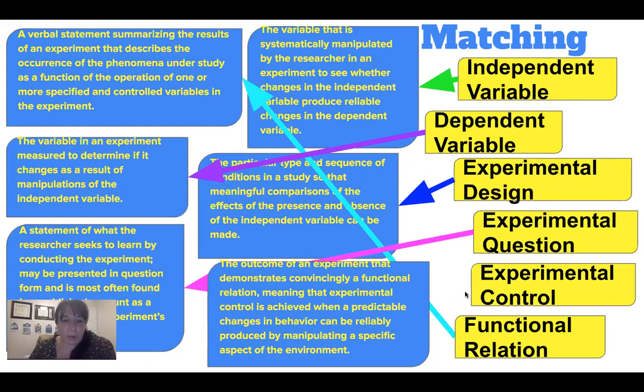All right, so I'm going to read the last one. The outcome of an experiment that demonstrates convincingly a functional relation, meaning the experimental control is achieved when a predictable change in behavior can be reliably produced by manipulating a specific aspect of the environment. But if I just reread the experimental design one again: the particular type and sequence of conditions in a study, so that meaningful comparison.